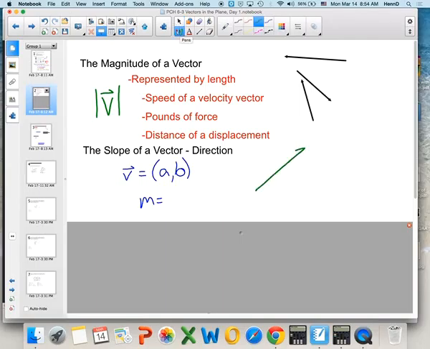If I have a vector v, we already said A and B are the horizontal and vertical components. So what that means is, for vector v, I'm going to go horizontally whatever A is, and vertically whatever B is. So what would I say the slope of vector v would be? B over A. Yeah, B over A. Okay? We can say that the slope is B over A.